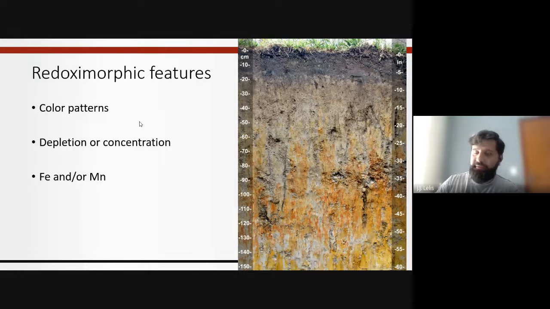Here we can see a picture where it's quite easy to identify what is a reduximorphic feature. Like this first horizon, we can see a horizon here. In this horizon, we can see a dominant color, a dark color, and we don't see several changes of colors.